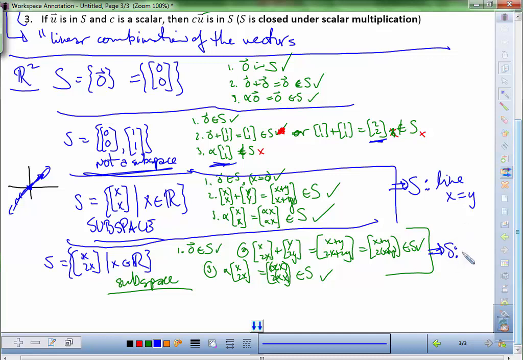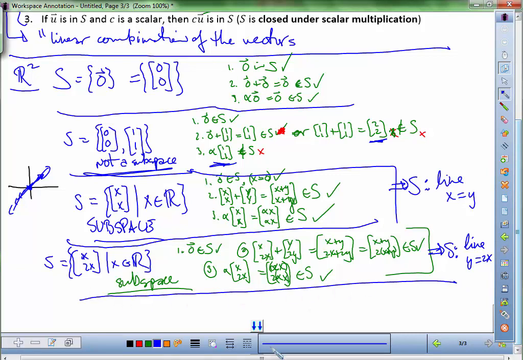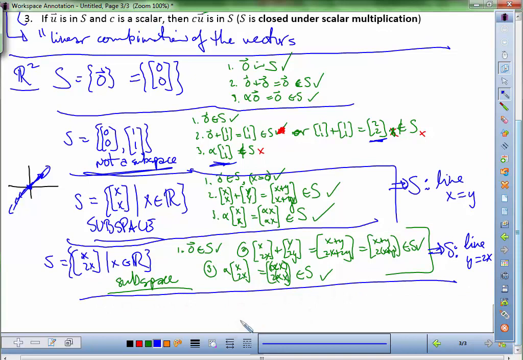So the S in this case can be described as a line, y is equal to 2x. So that's another subspace. So are all lines subspaces? Okay.